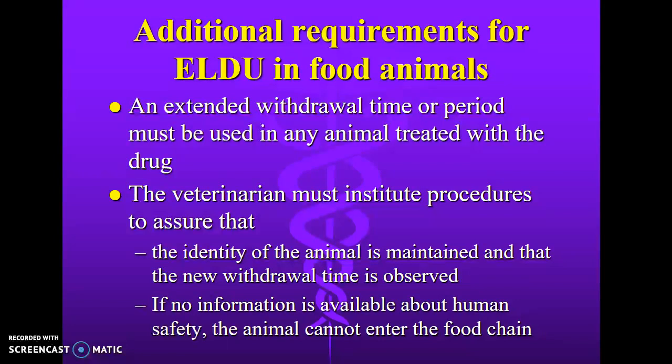A withdrawal time or period is the time from when the last dose of a drug is given to an animal and when it can go to market, or when milk can be collected for human consumption, or eggs collected for human consumption. Any food product has to have a time, once it's going to market and potentially getting into the human food chain, there has to be a period of time between when that last drug dose was given and when that product can go to people.